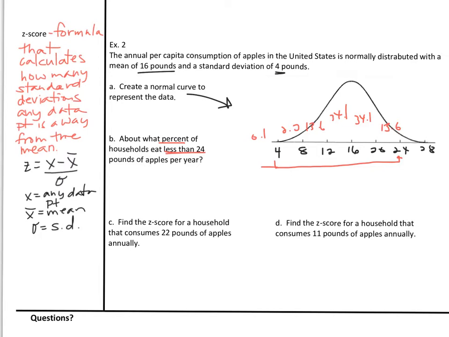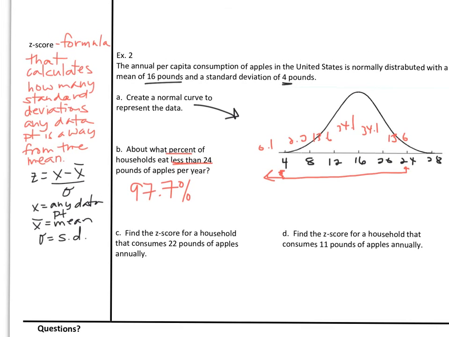So it would include everything to this side. I guess we don't want that little part right there. If we add all of those together, the percentage is going to be 97.7%. We can use the percentages from the original part of the normal curve when your value lands right on one of those dash marks.